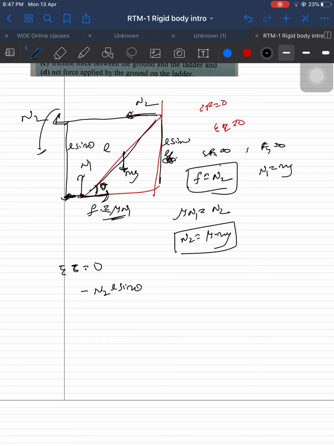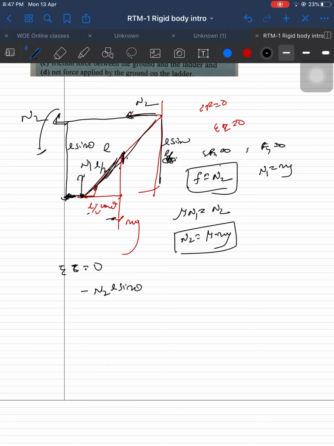Next, the downward direction, mg, and here the distance is L by 2 cos theta. I am drawing in red ink. Let me erase the other part. The downward direction mg, and from here to here is L by 2 cos theta.